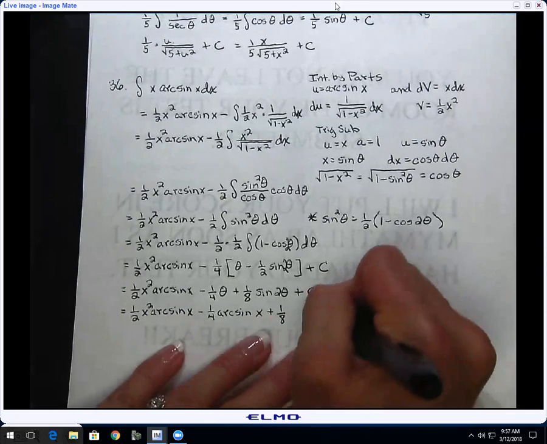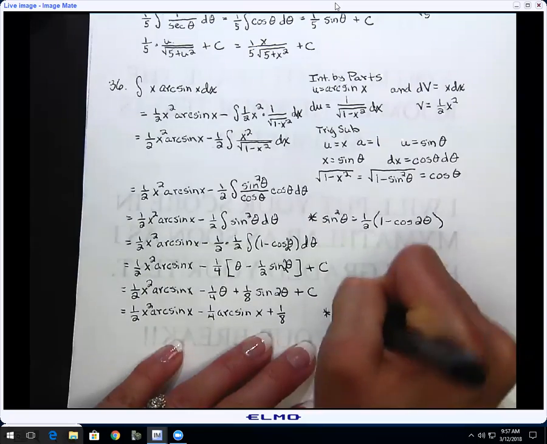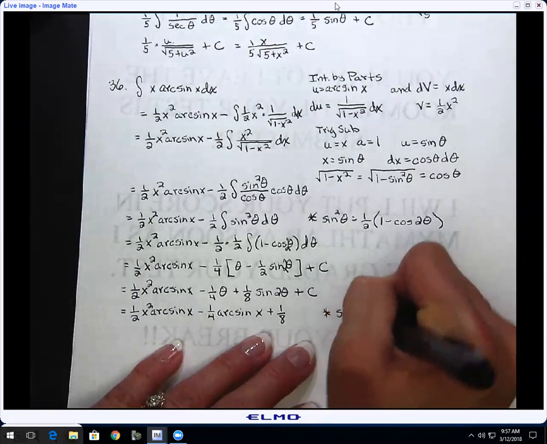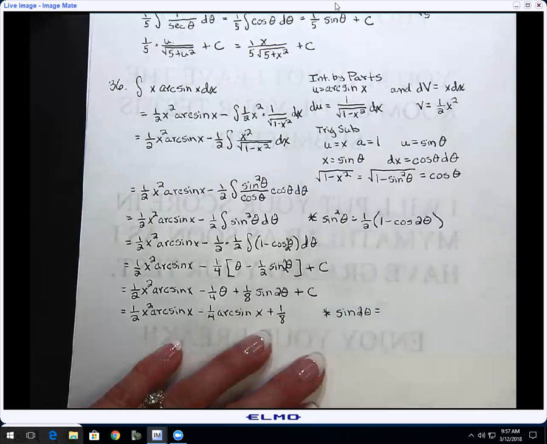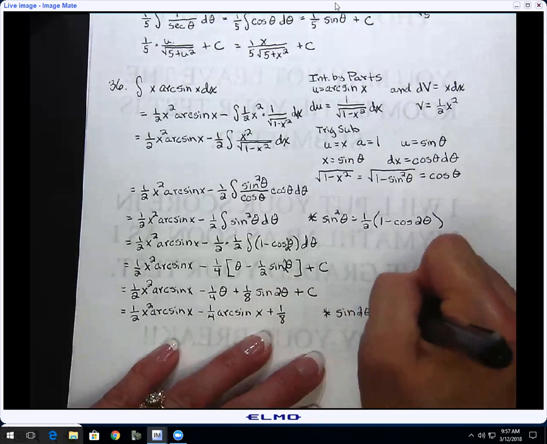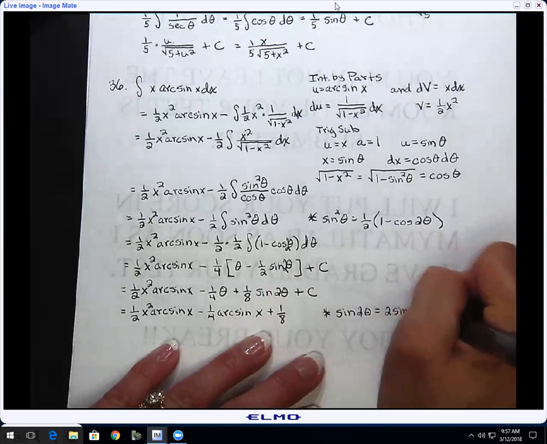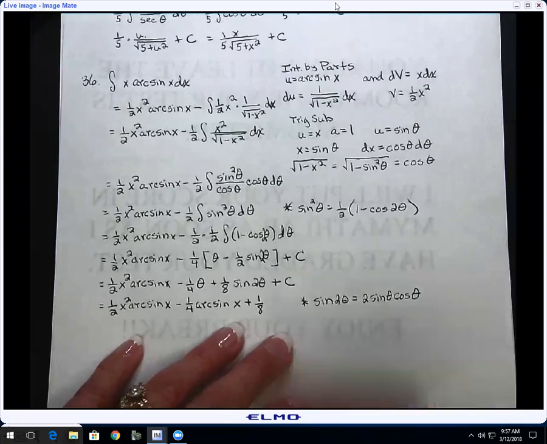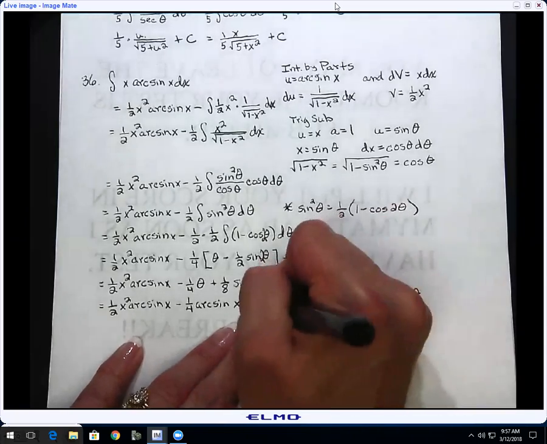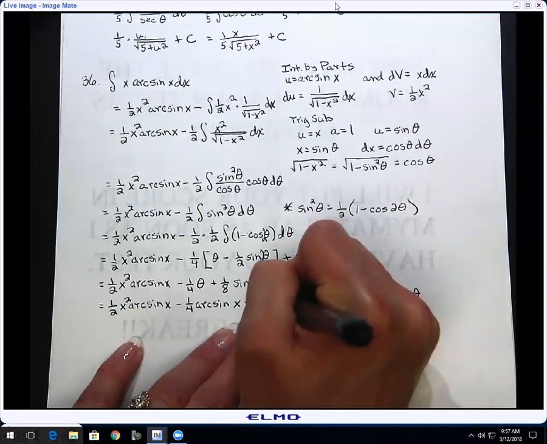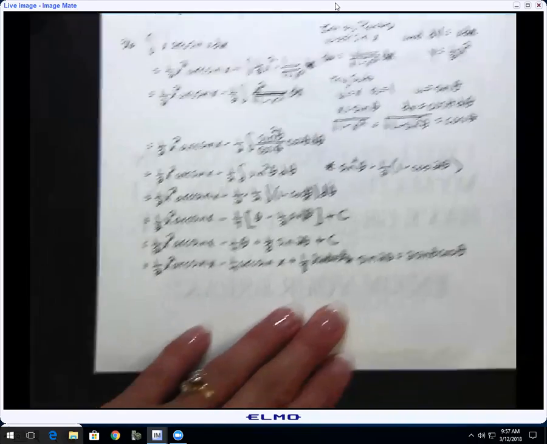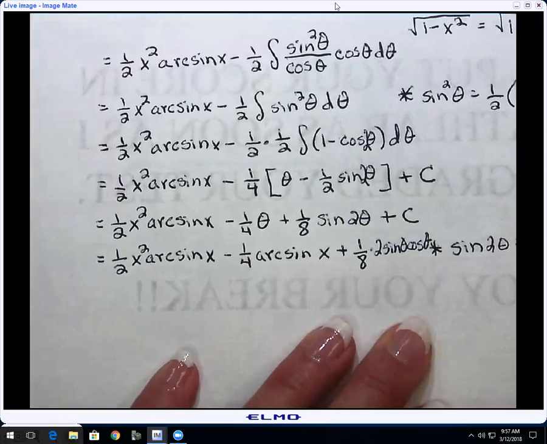Here's the one that I have memorized. Sine 2 theta equals 2 sine theta cosine theta. And so that's what I'm putting in place of that sine 2 theta. I almost didn't have room for it. Better zoom back in so you can see.